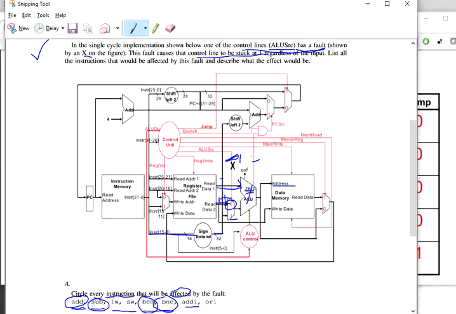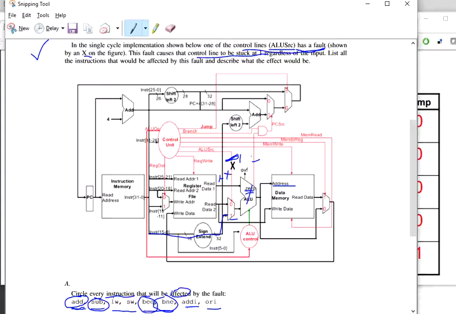How about ADDI and ORI? We know ADDI and ORI are immediate instructions. And a very small difference between ADDI and ORI versus add and sub is that ADDI is actually getting an immediate value, sign extended to 32 bits, and we're going to be adding RS to that immediate value.